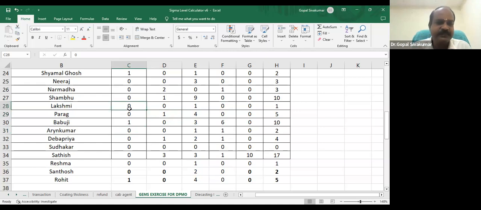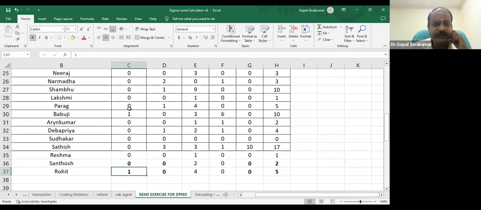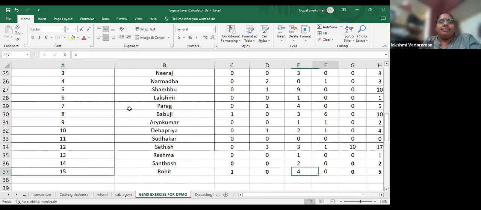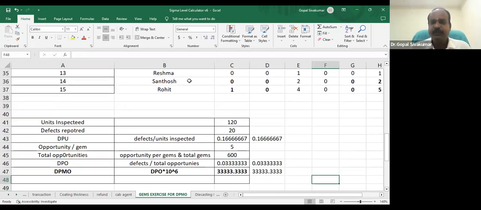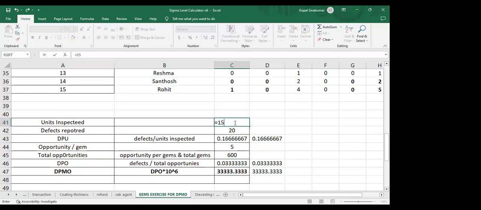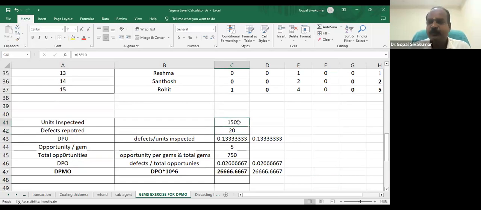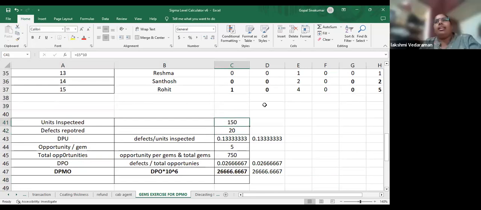But here, imagine how many people participated? 15 people. That means we opened 15 packets. When we opened 15 packets, how many units did we check actually? 10 into 15, 150. There was one extra also. In one packet, it was said there is only 9.